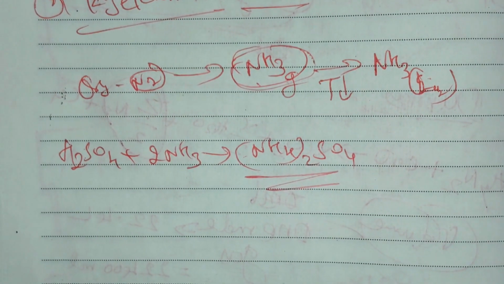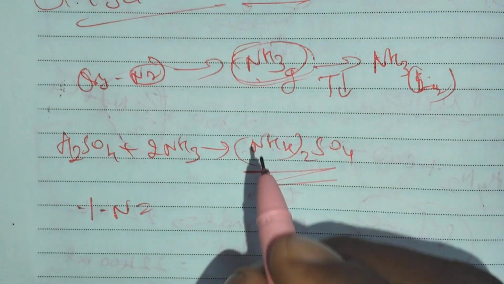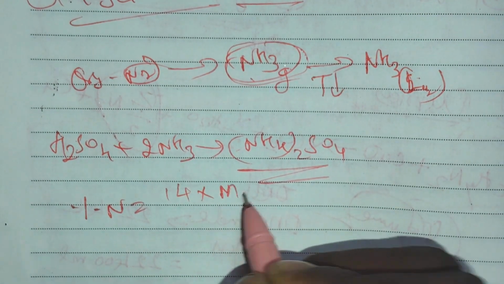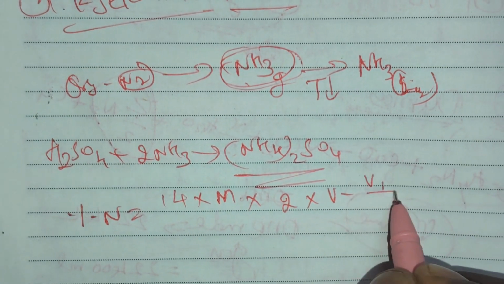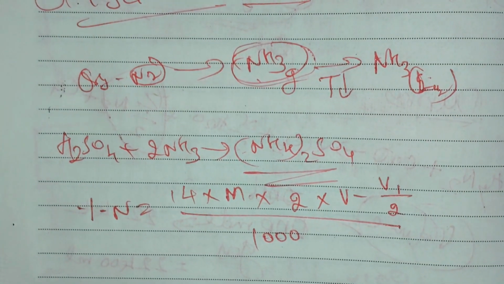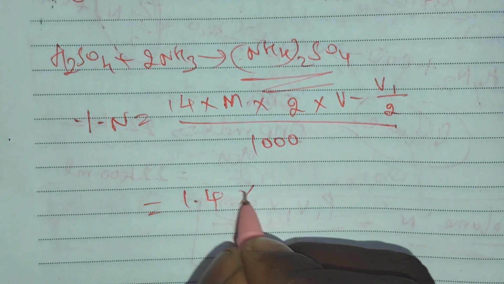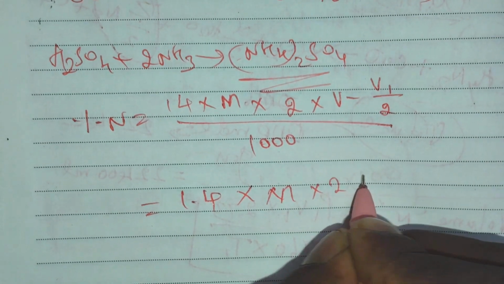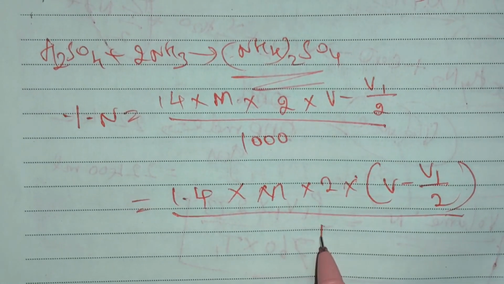So from that, the percentage of nitrogen is equal to 14 into capital M into 2 into (V minus V1) divided by 2, whole divided by 1000. Or we can write it as 1.4 into M into 2 into (V minus V1) divided by 2, whole divided by m.